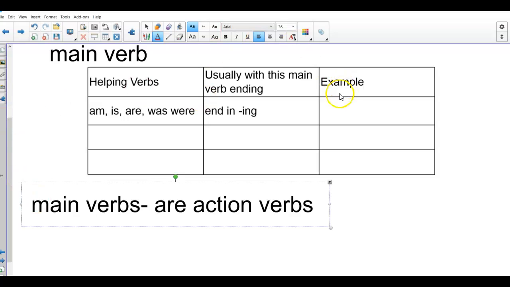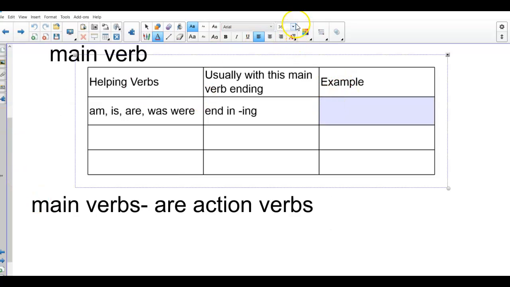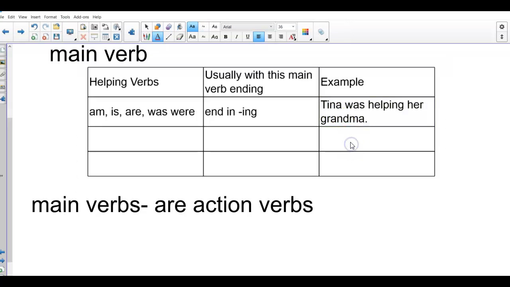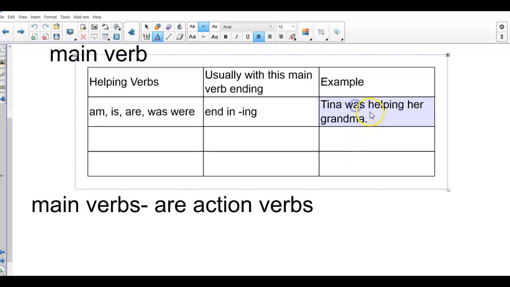Okay? So, for example, I can write a sentence using one of my helping verbs using a main action verb, but it has to end in ing. So I could say Tina was helping her grandma. Okay, so in this sentence I have Tina, I have was, which would be one of my helping verbs, and I have helping, which is an action verb with an ing ending.